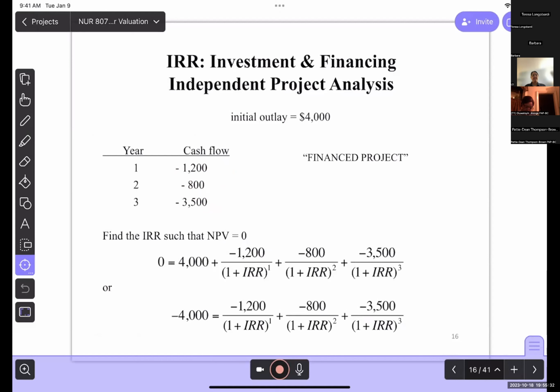So same technique to get the IRR. What's going to happen though is because the cash flows are reversed, the pattern is reversed, and the interpretation is going to be slightly different for the IRR. So why do I teach you all this? Because you need to know what the IRR is, but you need to know how to interpret it. It matters whether you have an investment project or a finance project in how you interpret it.